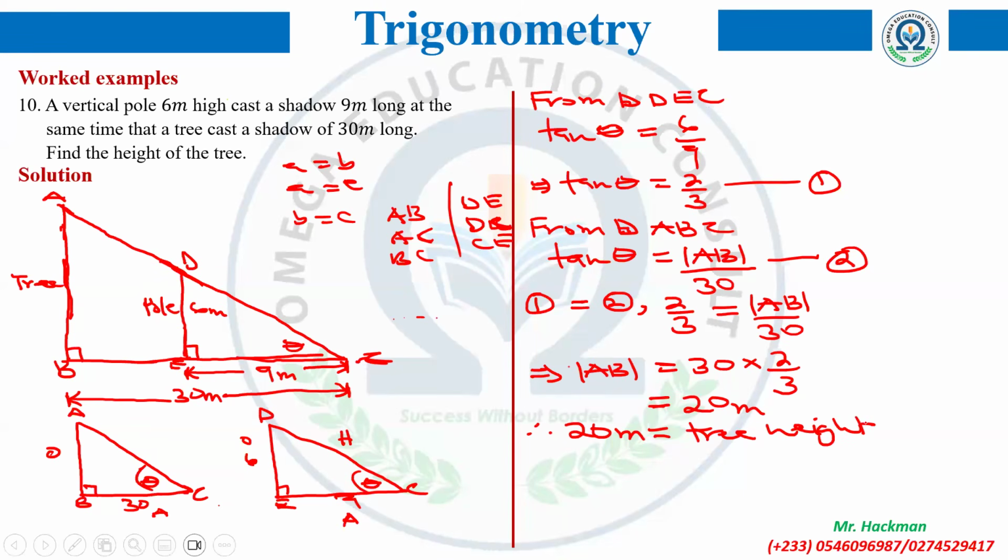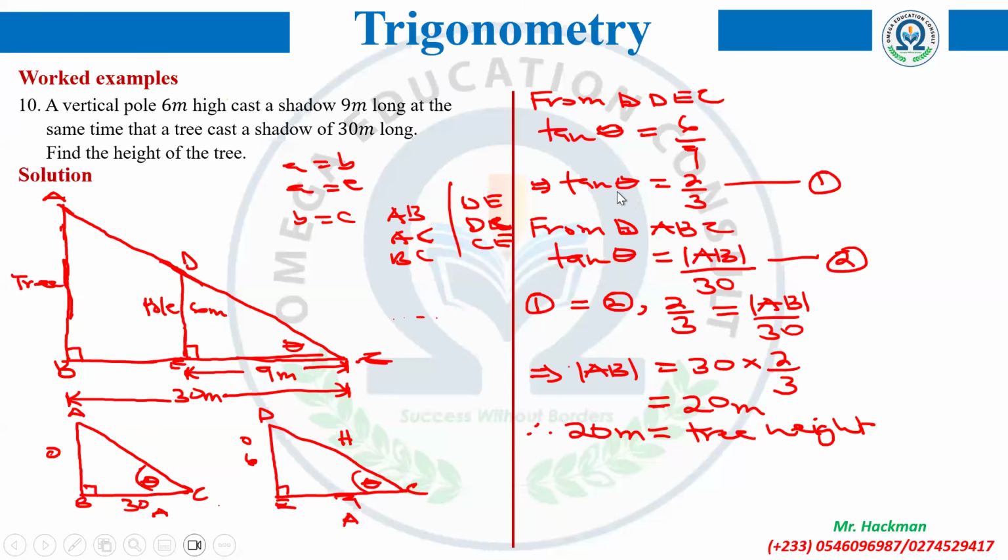Any questions at this point? Yes, please, go ahead. Please, did we equate the two equations because we used tan theta for both of them? Yes. If maybe you use sine and cos here, you cannot equate.